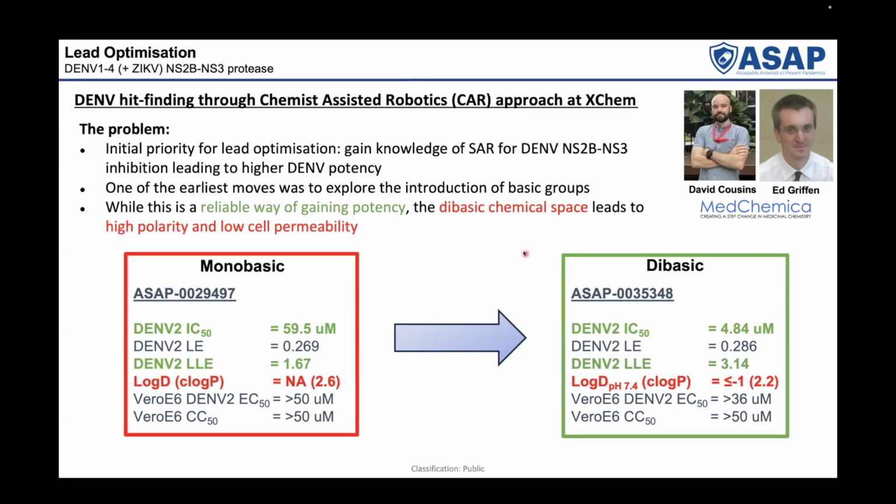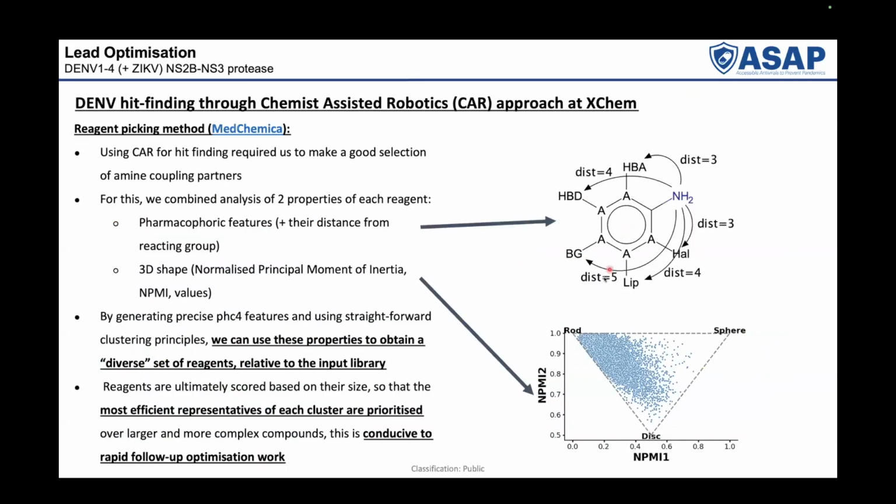So David and Ed approached us and asked, can we explore a chemical space to substitute this basic group, still keeping improving our inhibition, but helping reduce the polarity and increasing the cell permeability.